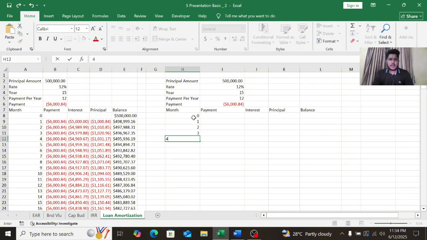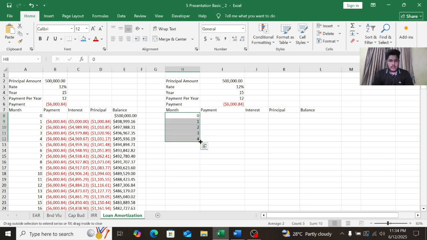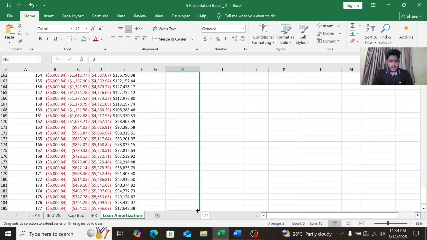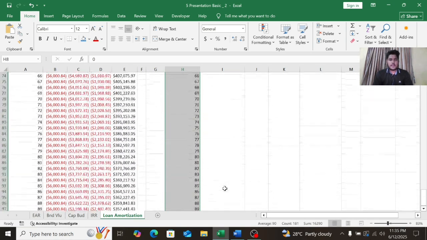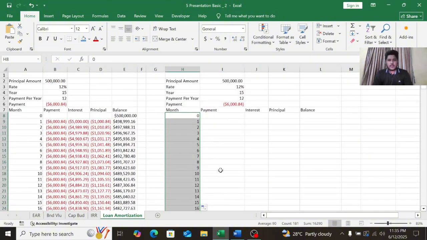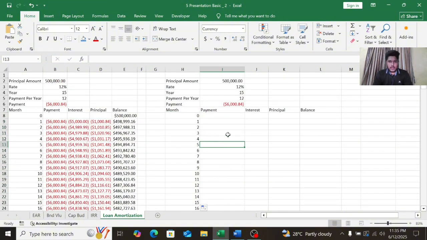If this is the pattern, we're just going to drag this one and take it to 180. See, there are 180 payments here. Easily I've just dragged, and now there's no need to count the payments one by one.